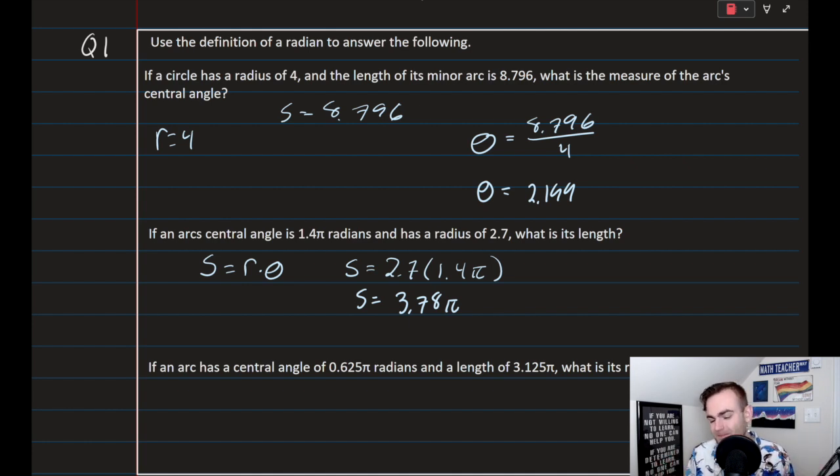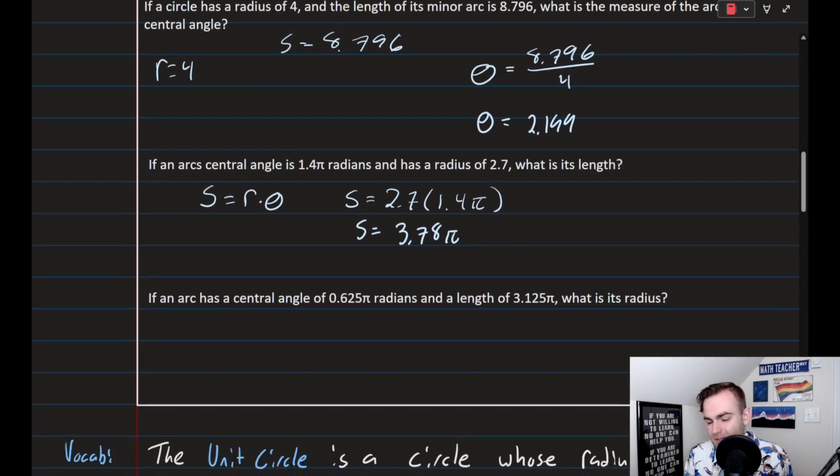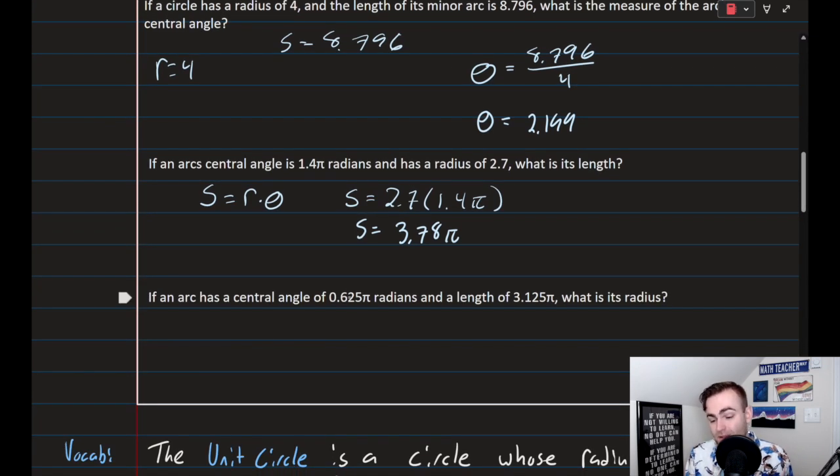Leave it like that. Last but not least, we have an arc with a central angle of 0.625 pi radians and a length of 3.125 pi. What's its radius? Well, if arc length is equal to the radius times the central angle, then the radius is equal to the arc length divided by the angle.